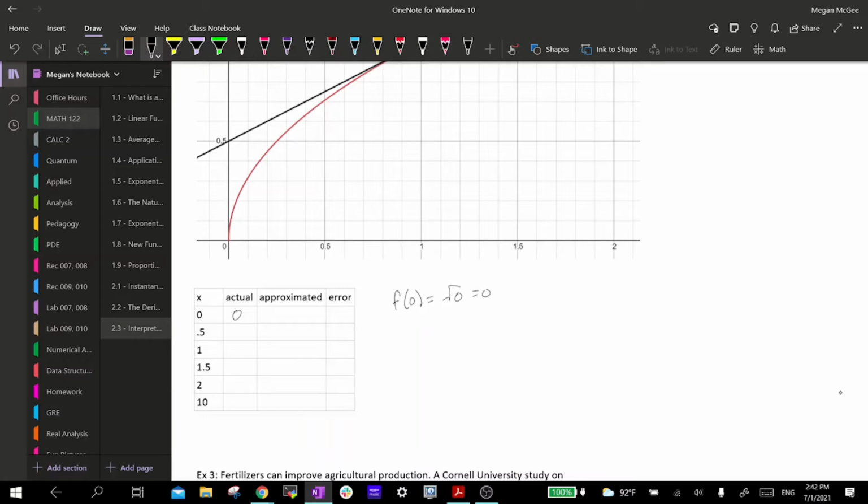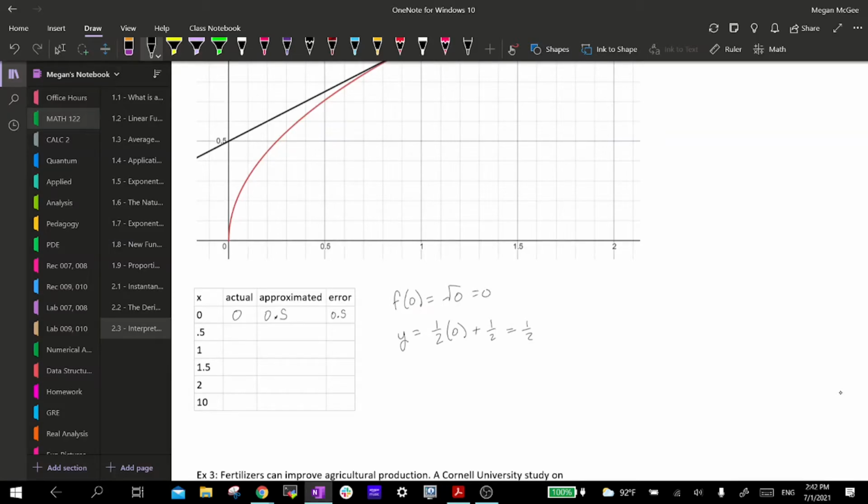And then we have y is equal to 1/2 times 0 plus 1/2, so that gives us 1/2. I'm going to write these in decimals, so we have 0.5. So 0.5 minus 0, well that gives 0.5 as an error. So we have a whole half a unit of error between our approximated value and our actual value, and we see that this is not a very good approximation at x is equal to 0, right? But let's go ahead and keep going.